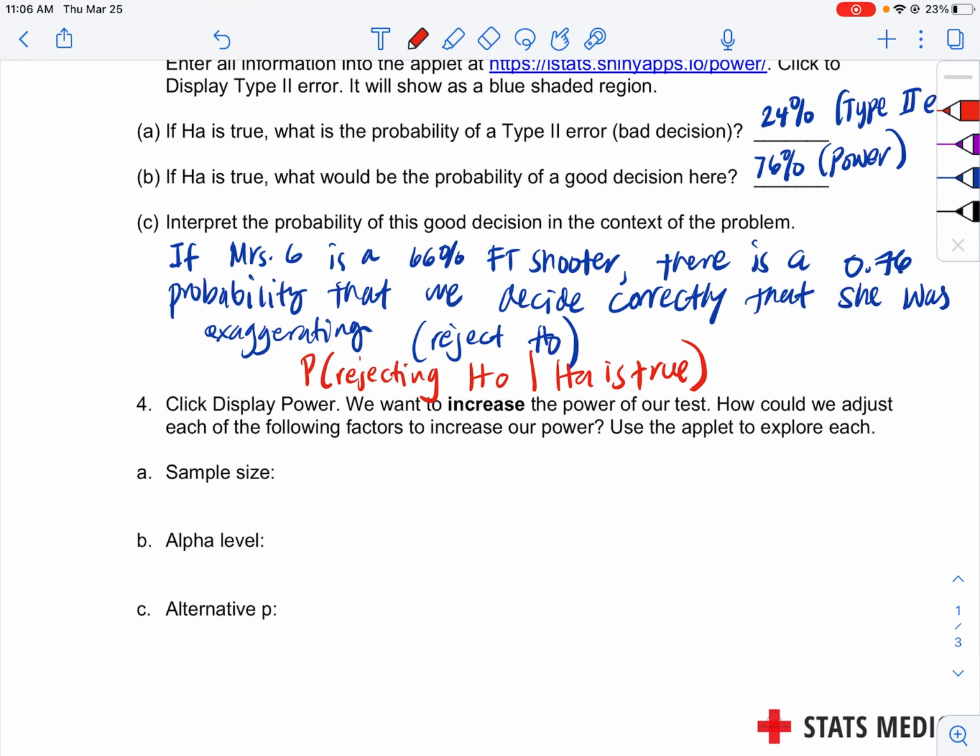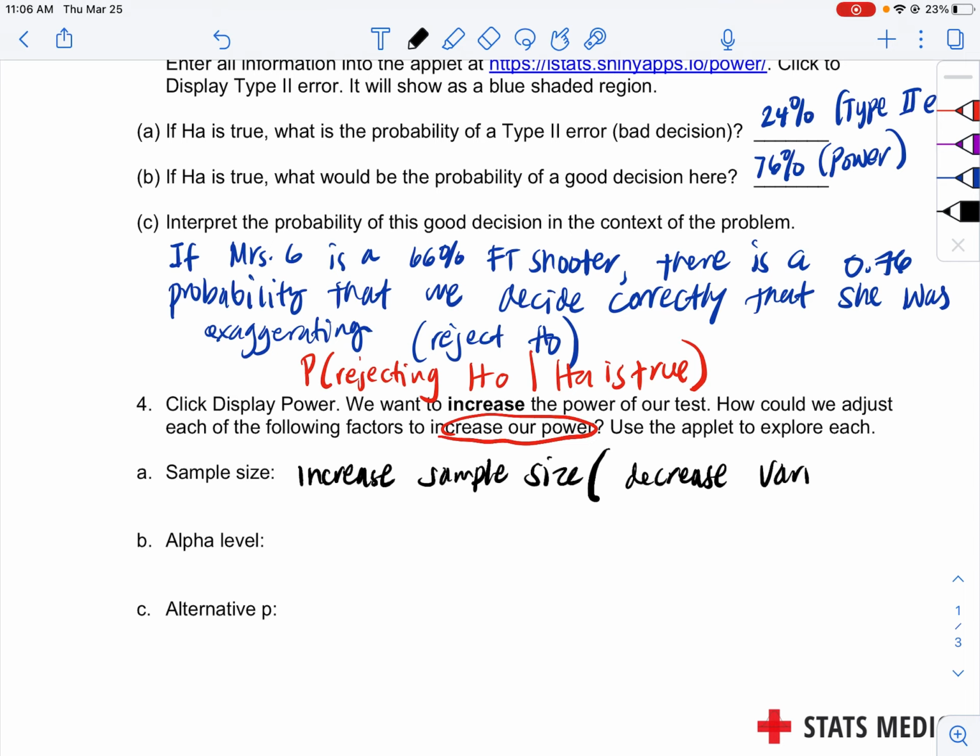For the sample size, in order for us to increase the power, we have to increase sample size, because increasing sample size decreases variability, and we know that already.